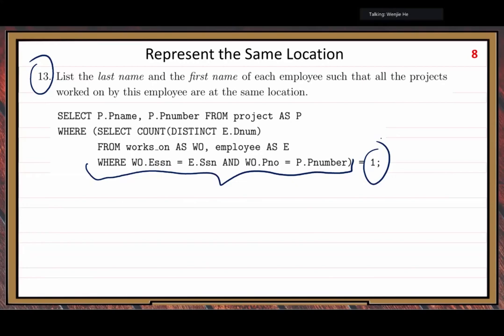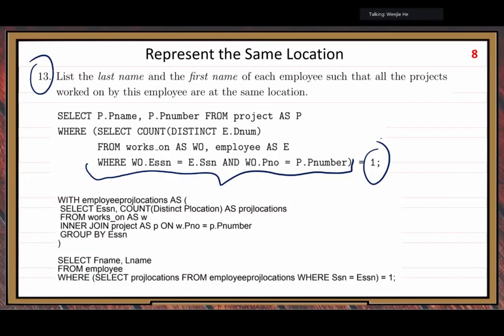I may have gotten it wrong, so I will double check this one. I like the distinct project location way, because we need to target the location directly. So there is some problem, and I need to modify it.